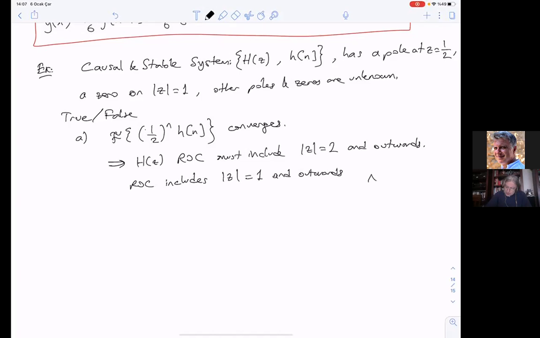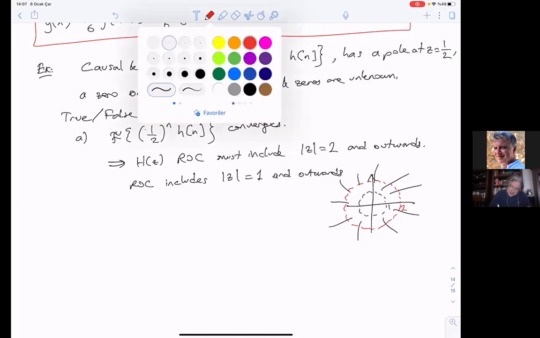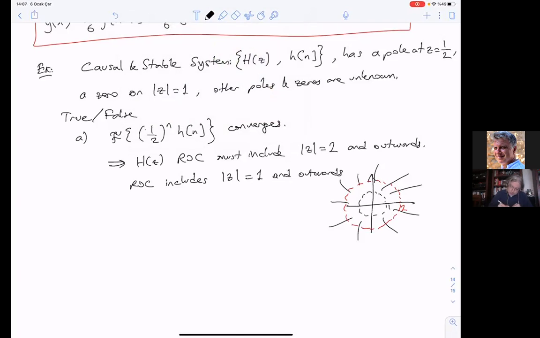Therefore, outside of the unit circle with radius 1 automatically includes the circle with a radius of 2 and outwards. Okay, that's natural. It already includes the unit circle, so magnitude of z equal to 2 is automatically included. So the answer to this is a big yes, it's true.